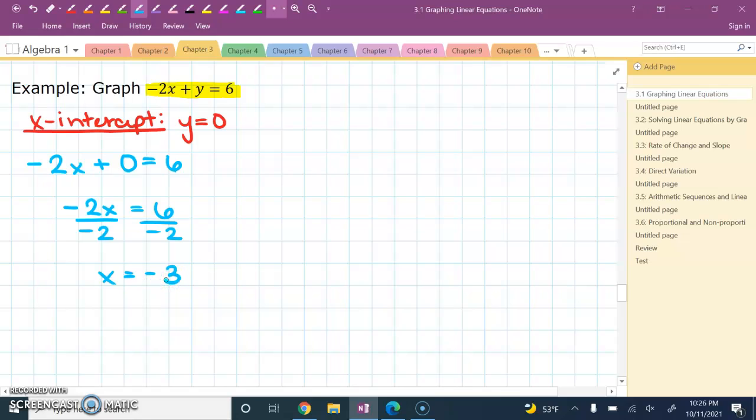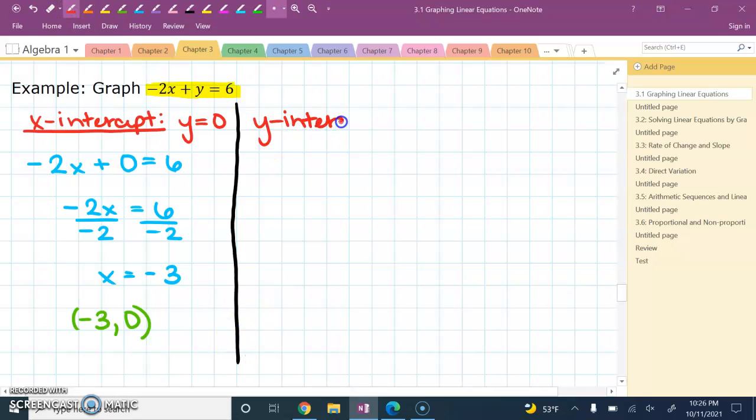And if you wanted to write that as a coordinate, you found x to be negative 3 when your y was equal to 0. So now a very similar process is done when you're trying to find the y-intercept. So remember, for the y-intercept, that is when your x is equal to 0. So just like I was able to replace my y with a 0, I can replace my x with a 0.